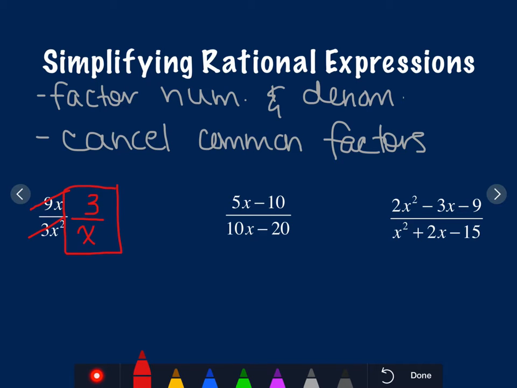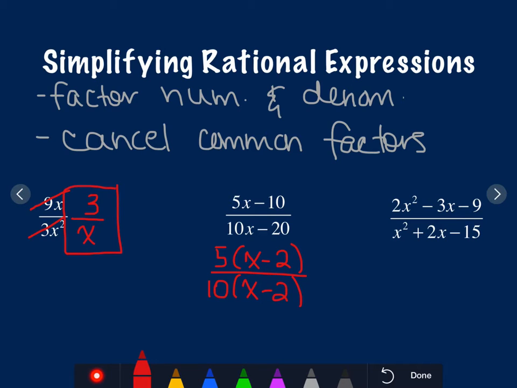In the middle example, we can do the same sort of thing. I look at my numerator and denominator and factor them first. So 5x minus 10 can factor into 5 times x minus 2. 10x minus 20 can factor into 10 times x minus 2. And now we're going to look for the common factors.